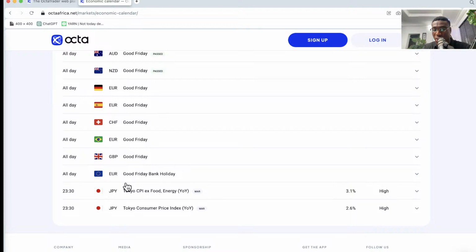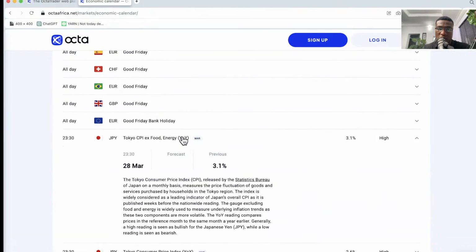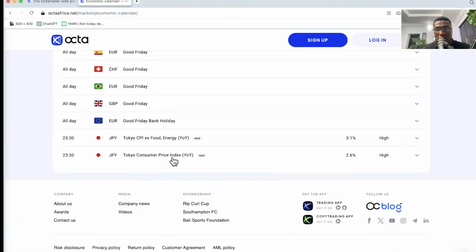Now, the CPI, which is known as the Consumer Price Index. Another way to understand the definitions of these things is to click on each report and you'd see the definition right here. We have CPI that excludes food and energy. It's also known as the core CPI. And we have the normal CPI, which is the Consumer Price Index.